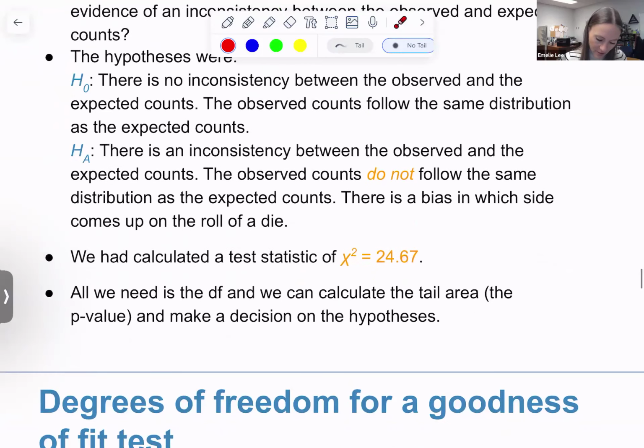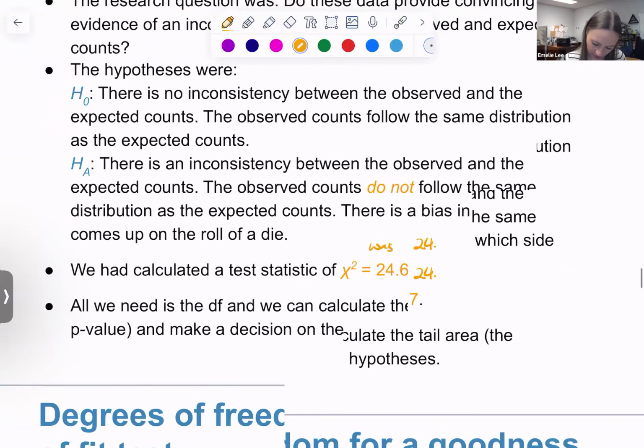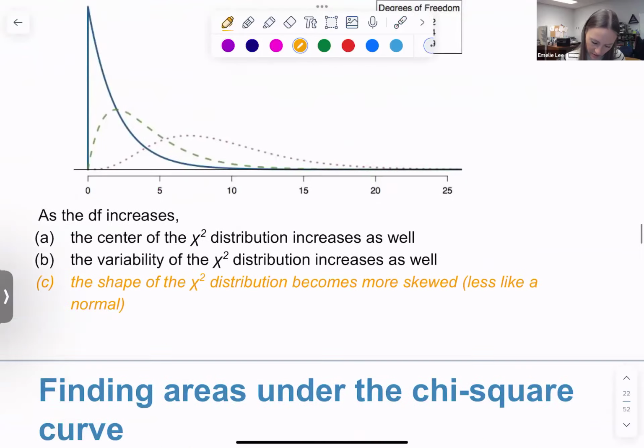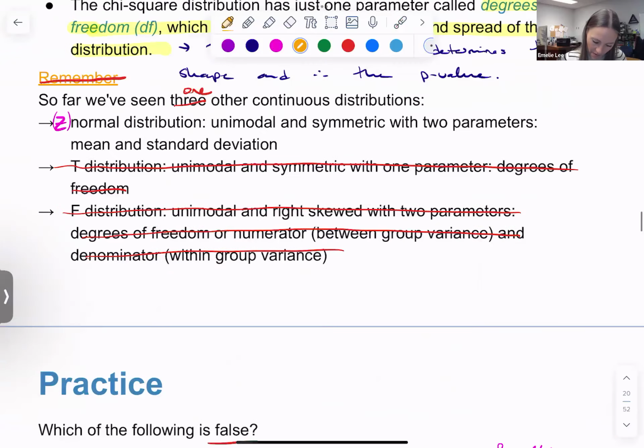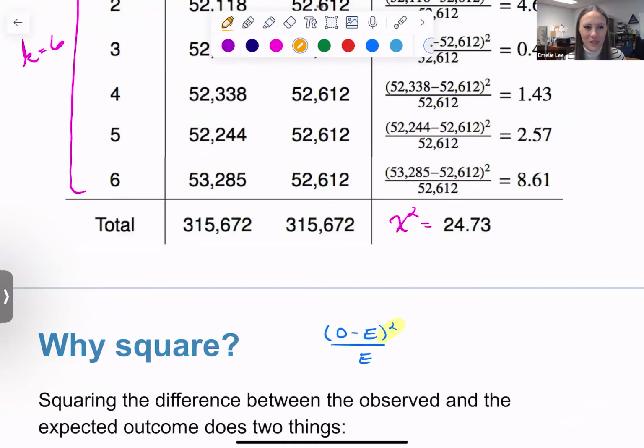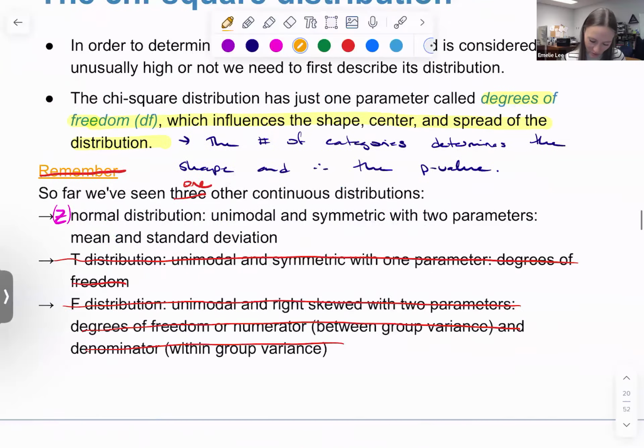I don't know where this came from. Was 24.73, I want to say. It was a long time ago, I guess. Where is it? Yeah, here it was 24.73, so I'm not sure what happened.